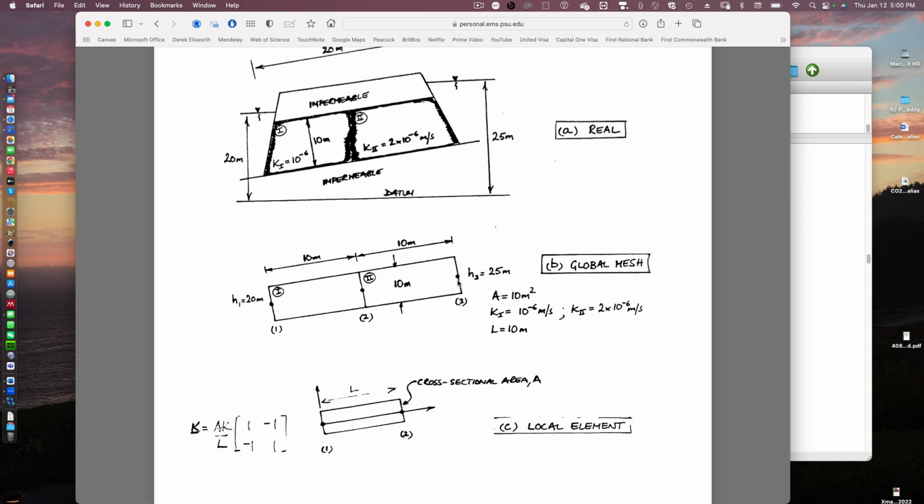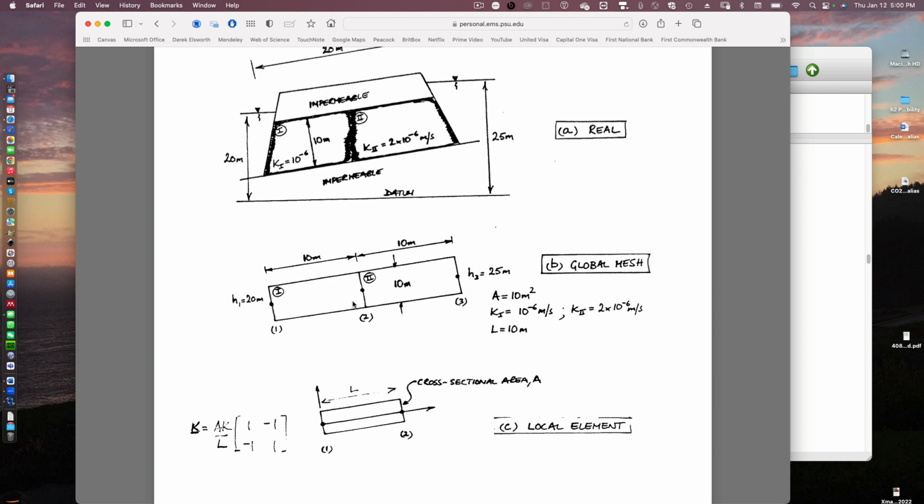But the other unknown is the complementary fluid velocity, the flux that comes in through the upstream boundary and goes out through the lower boundary. So we prescribe the upstream head, the downstream head, and the fact that the flux at this intermediate node is 0, because the same amount of fluid goes out of this element that comes into the other element. They exactly balance each other. The unknowns that we want to determine are the flow volume rate here and here.